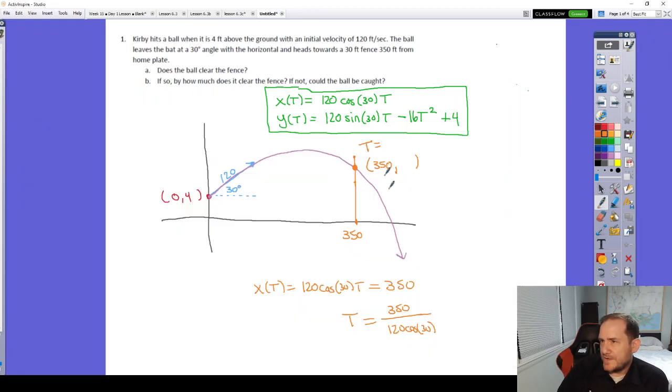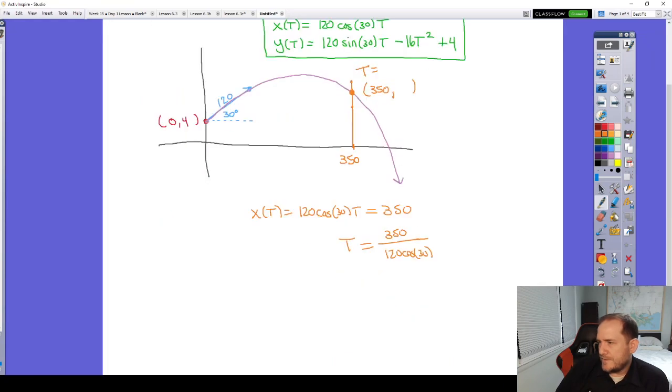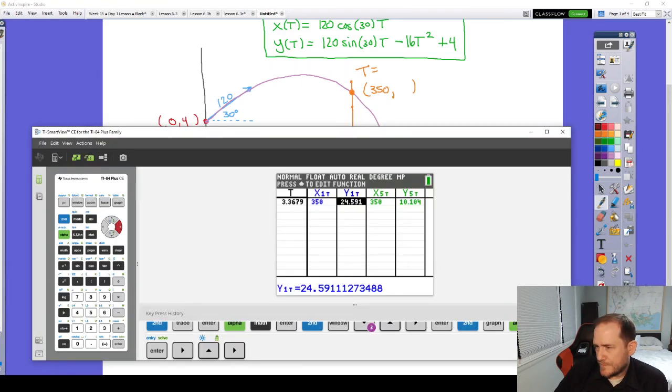This question said, does the ball clear the fence? If you want full credit, you're going to write me a sentence where you say, when x equals 350, t equals, I already forget, 3 point blah blah blah, 3.368.